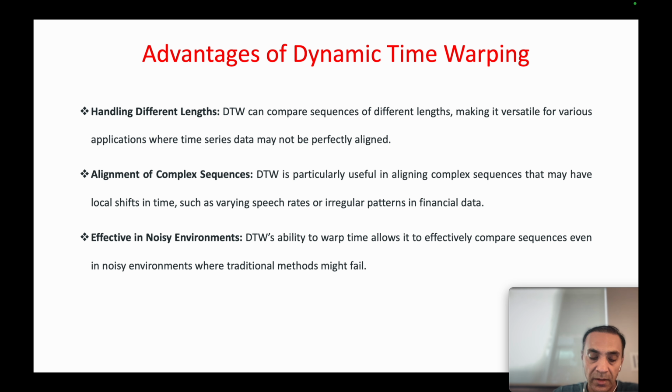Because in the conventional method, when you're using data mining to compare time series, you need to have a similar frequency of time interval. But with dynamic time warping, it's possible to compare even different frequencies of timestamps in the data.